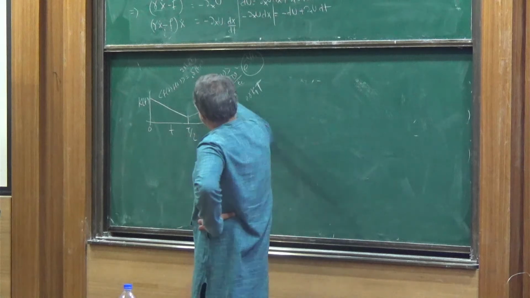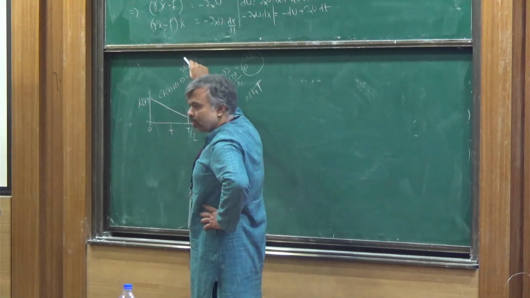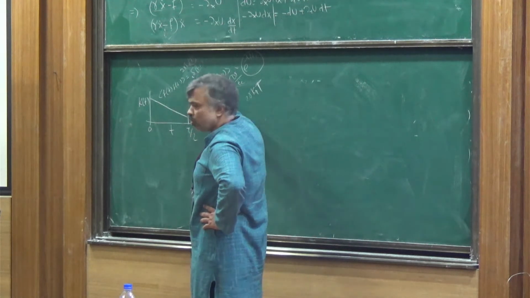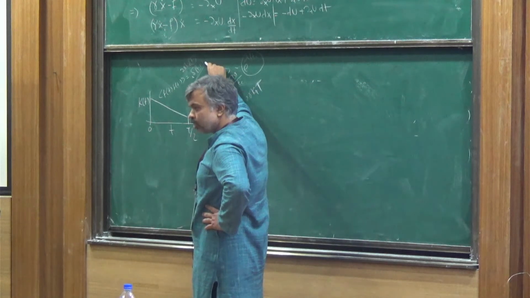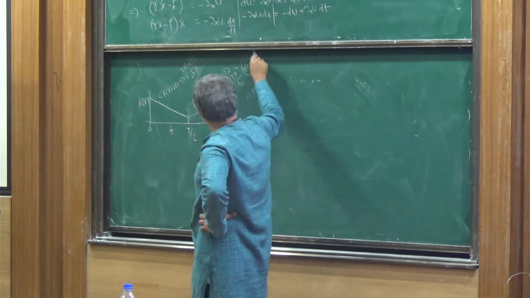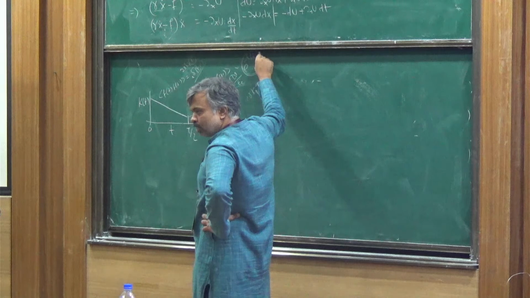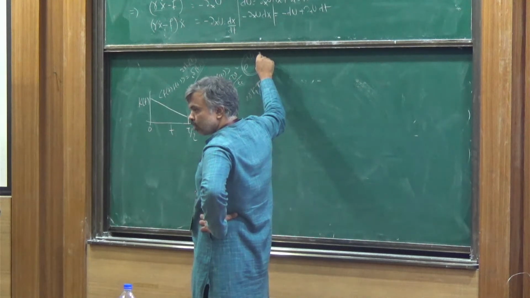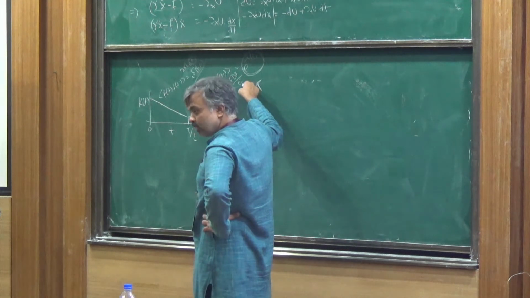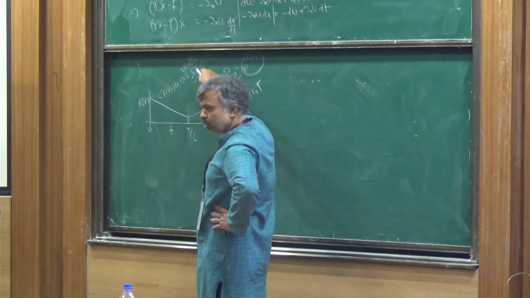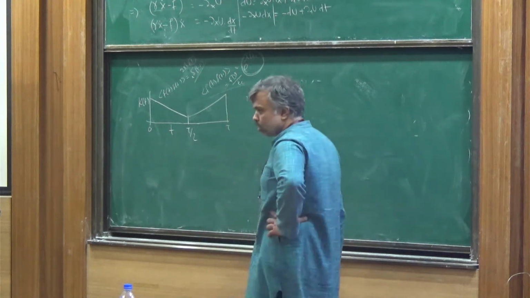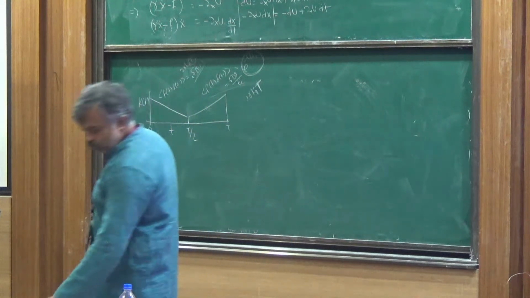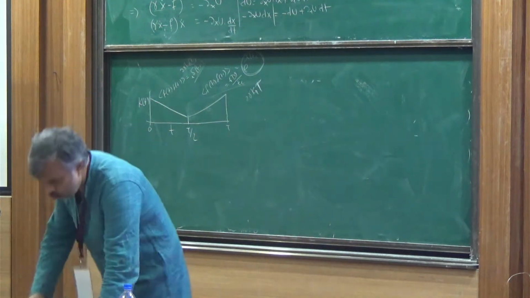Now, why does this Tc come? Delta has a dimension of 1 by T, so that carries the dimension of 1 by T. Here it does not; the correlator is dimensionless. So you have some Tc here but not there. Right, you are correct in that sense. Then let's see how to do some.